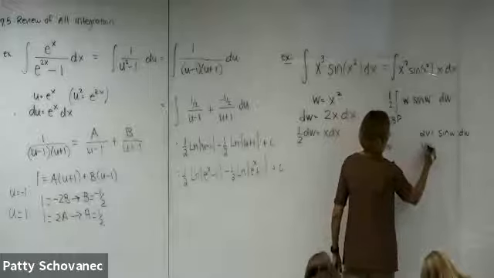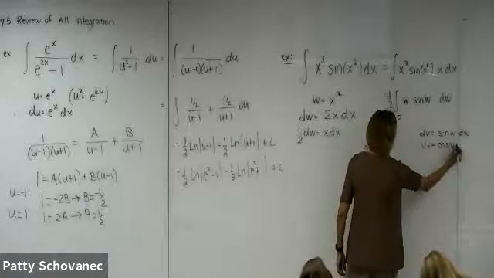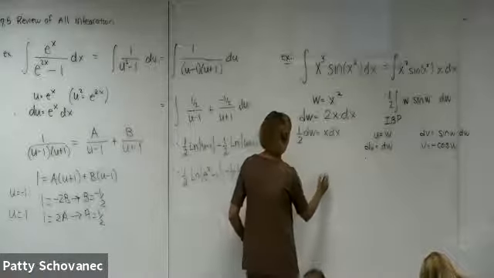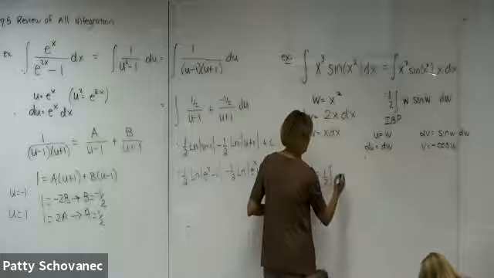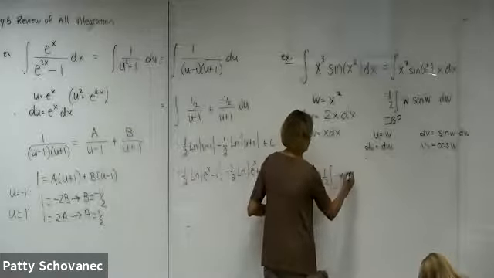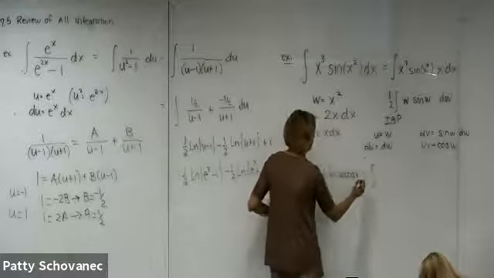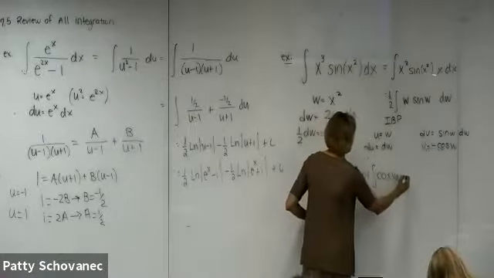What's the integral of a sine? Negative cosine. And so that integral with the 1/2 here becomes uv, minus W cosine of W, minus the integral of v, but v itself has a minus, so I'm going to make that a plus, cosine of W dW.